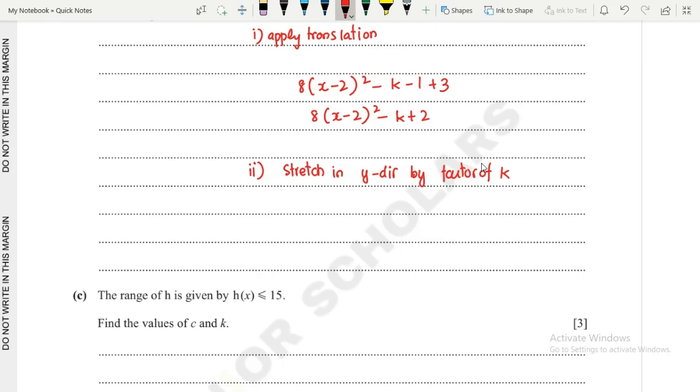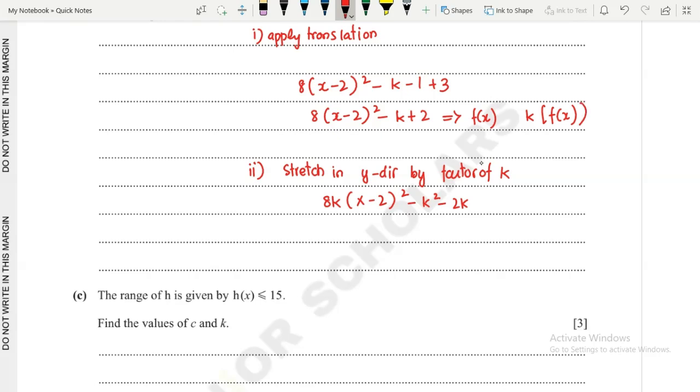So in this question it is in the y direction, so it becomes 8 multiplied by k (x minus 2) whole square minus k square and minus 2 into k. Okay, that is, for example, if this is equal to f of x, so the k is going to be multiplied with this whole f of x with each and every term.